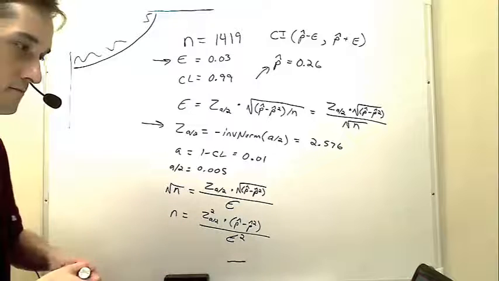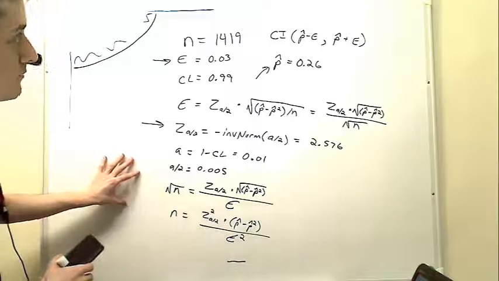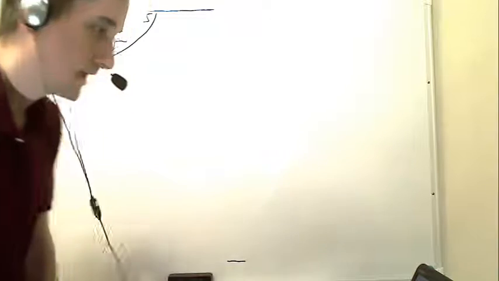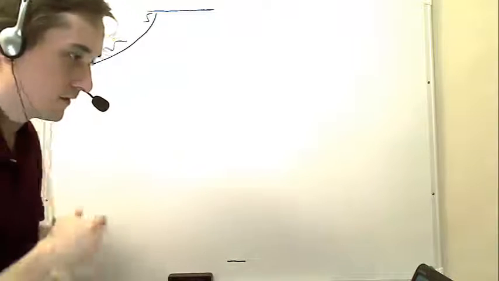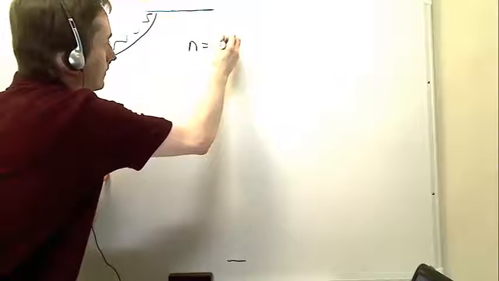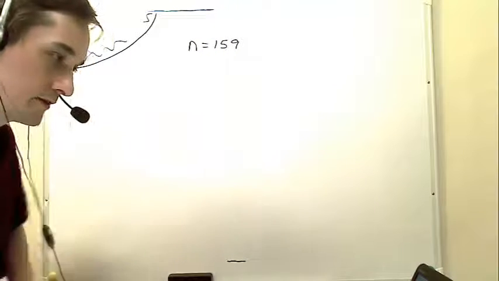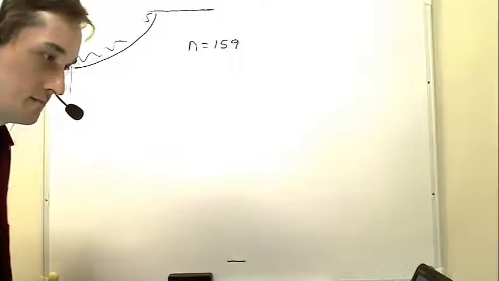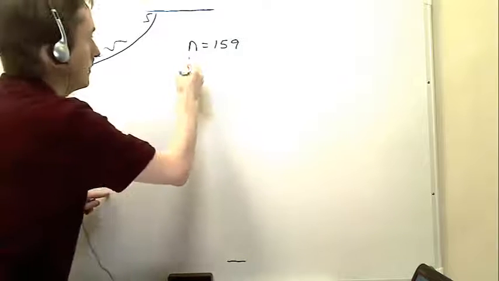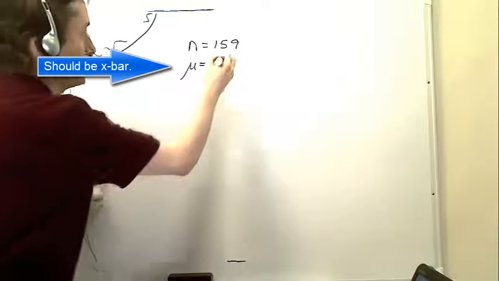Okay, question 8 moves on to means rather than proportions. All right, a random sample of 159 full-grown lobsters had a mean weight of 18 ounces.